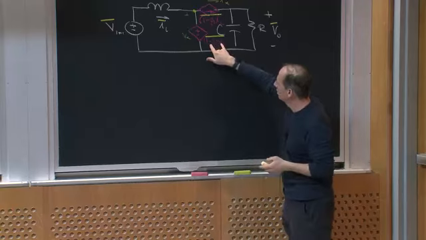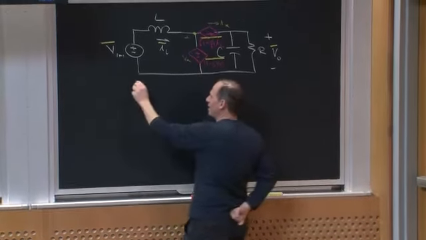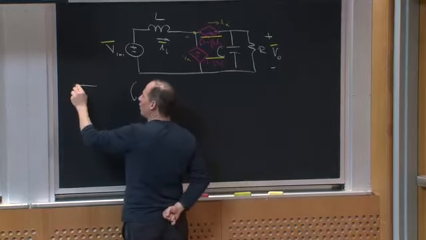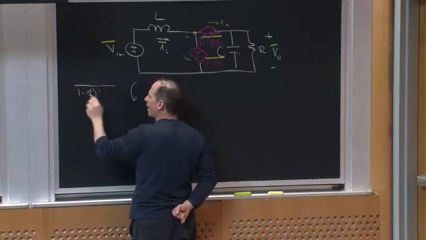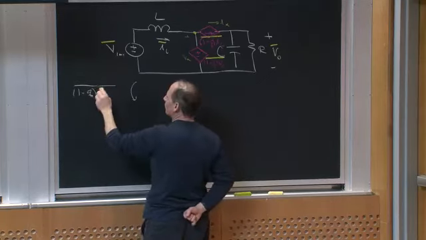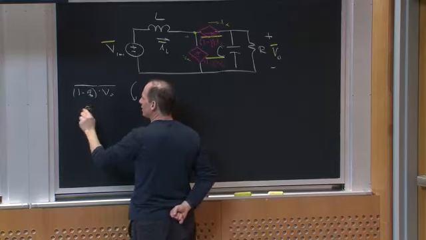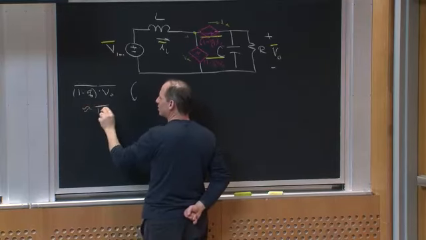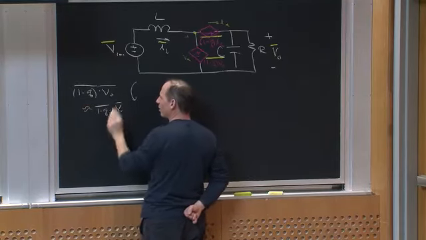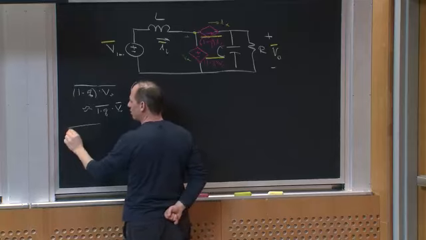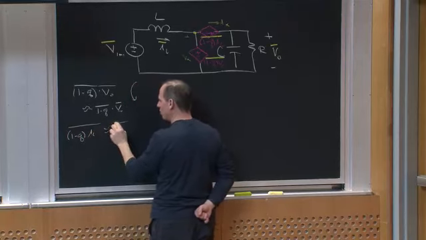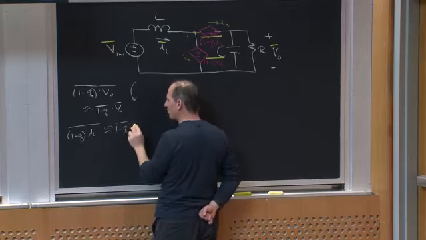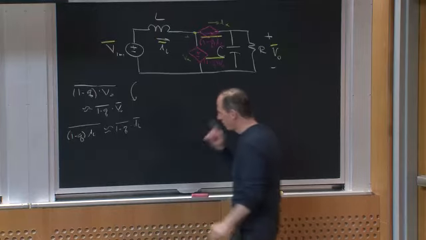So here, maybe I could say that the product of 1 minus Q times V out is approximately equal to 1 minus Q bar times V out bar, and 1 minus Q times IL is approximately equal to 1 minus Q bar times IL bar. Okay.